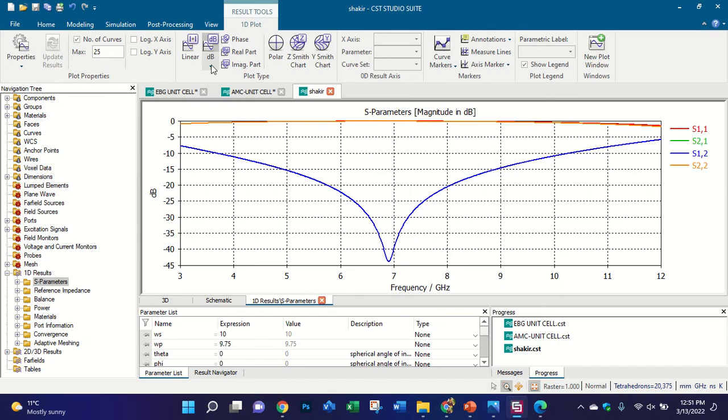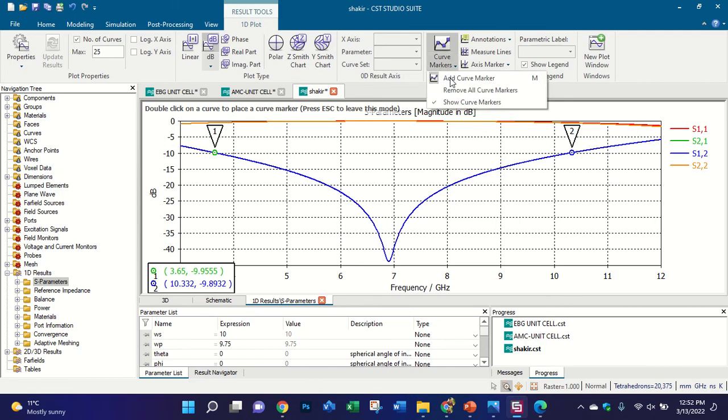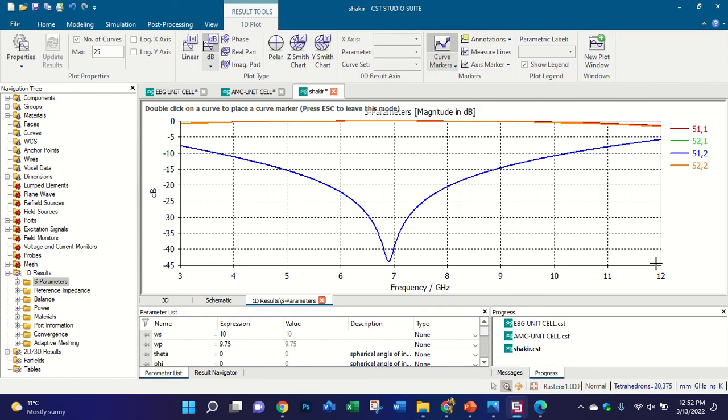And also this one, you have a wide band. So you can say that this antenna is for broadband or UWB application, because at the whole frequency band from 3 to 12 gigahertz, it is very close to 0.